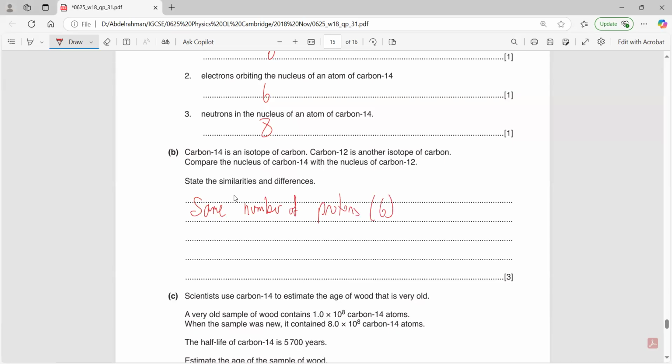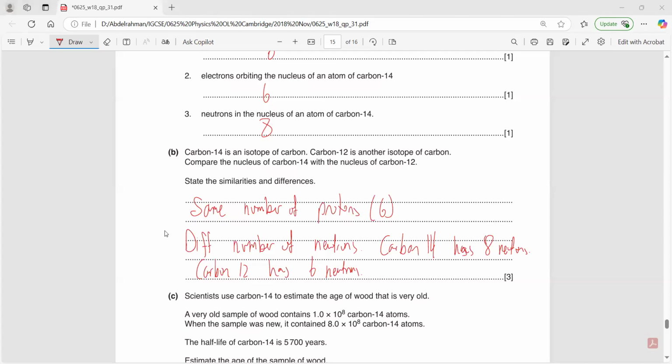Different number of neutrons: carbon-14 has 8 neutrons, carbon-12 has 6 neutrons.